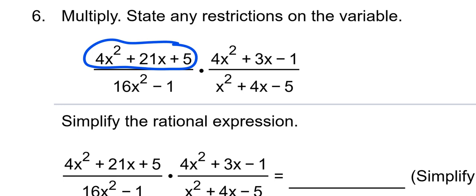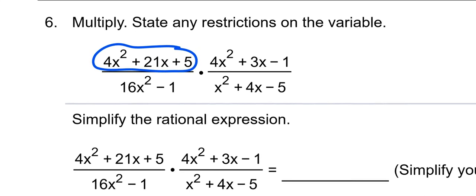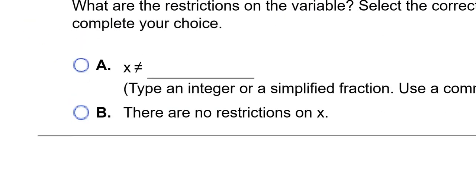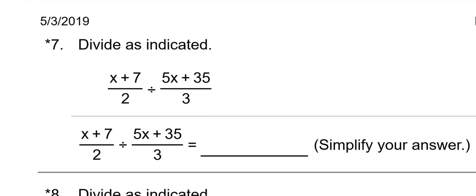Okay, the Berry method. So this one would be an extra credit question. I'm not going to spend a bunch of time on this because the Berry method is not really what we're focusing on right now.